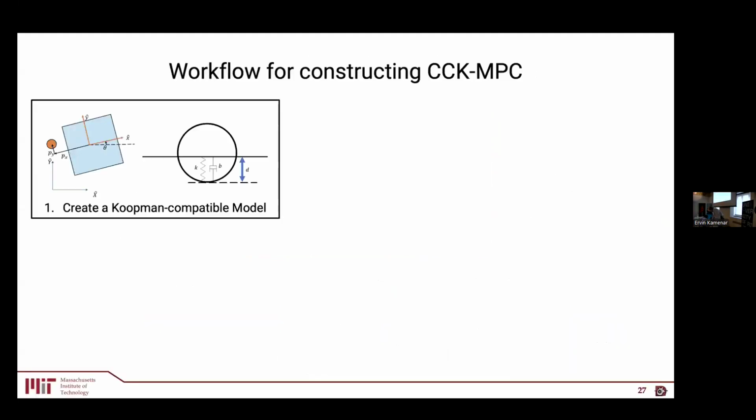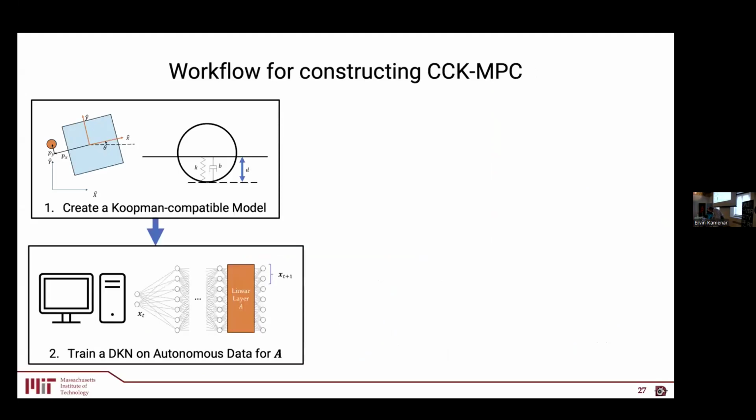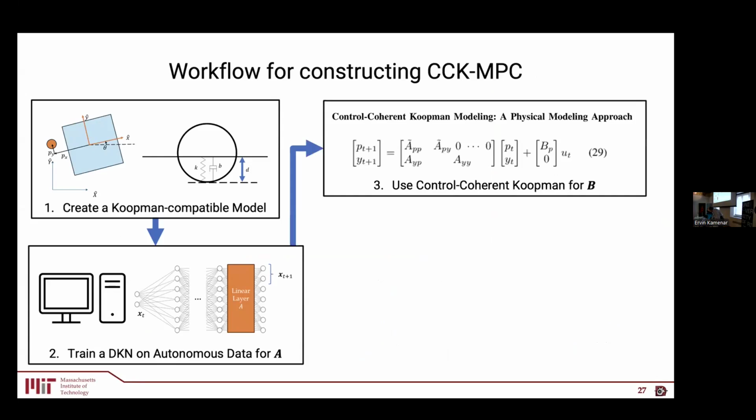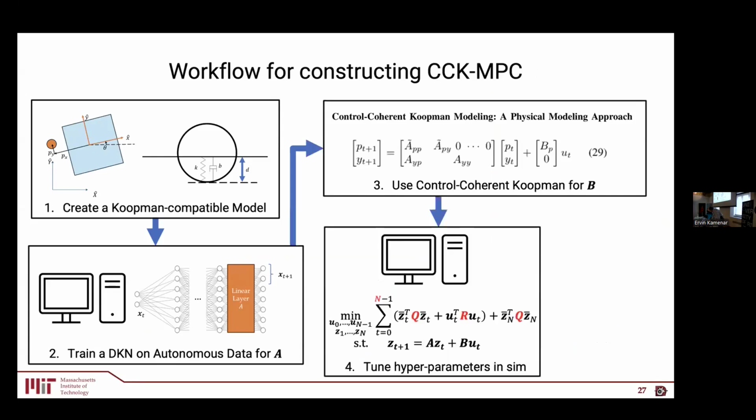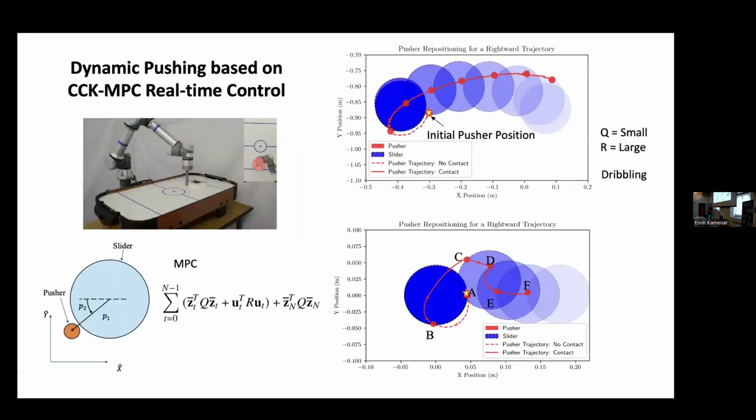So we first started with compliance to eliminate the discontinuity, and applied the CCK. And next we use deep neural nets, and going through this CCK formulation, we end up with the MPC. So this is one result.